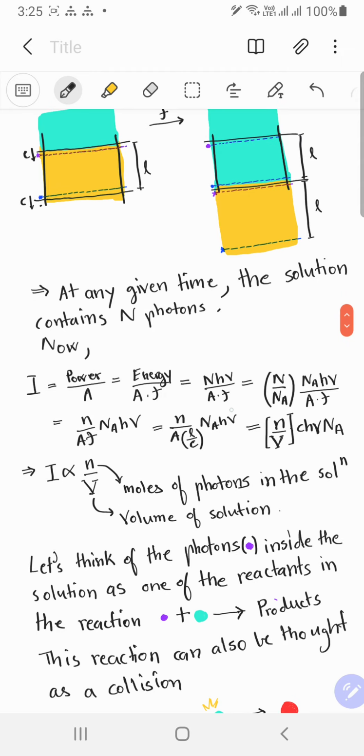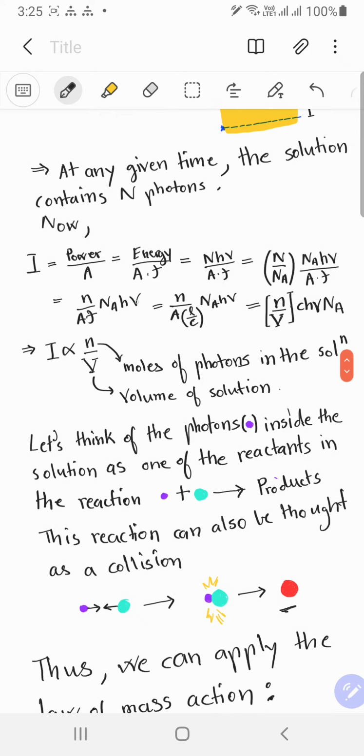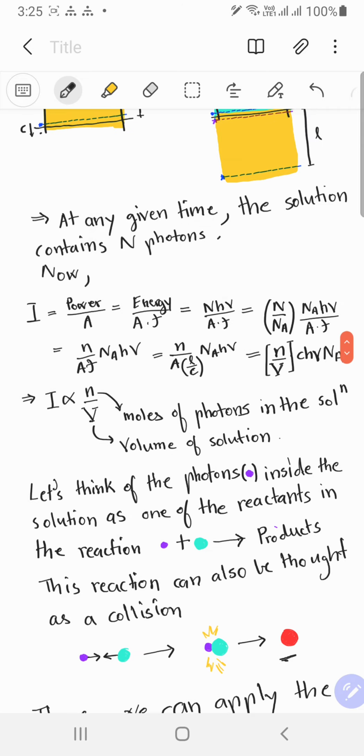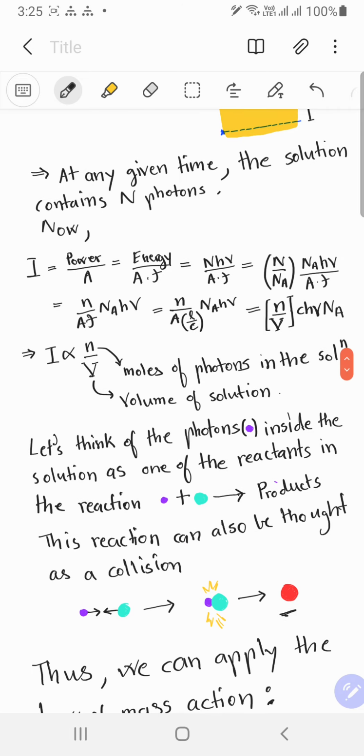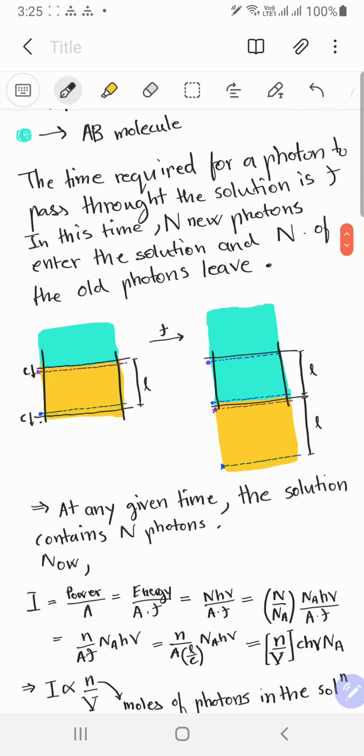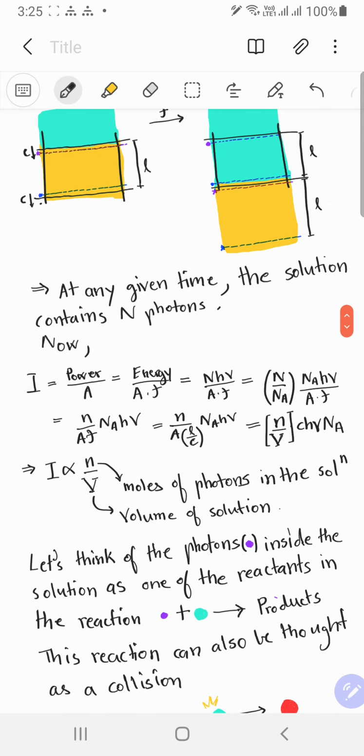So this equation can be written as capital N upon Na, where Na is Avogadro's number, times Na h mu upon At, which can then be written as small n h mu upon At. This small n is capital N upon Na, I have just renamed it. Basically small n is the number of moles of the photons inside this solution.